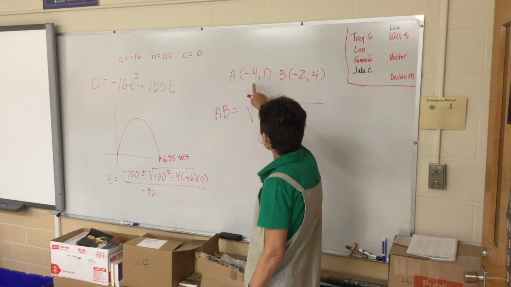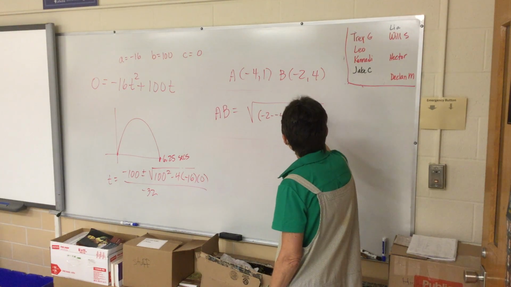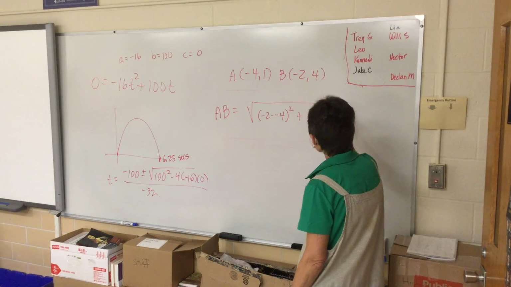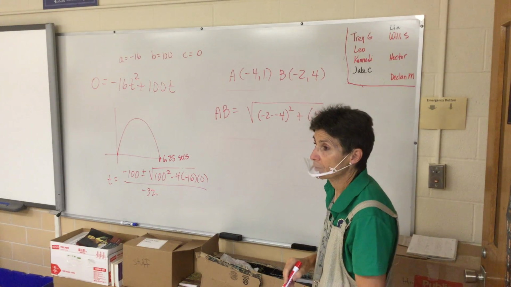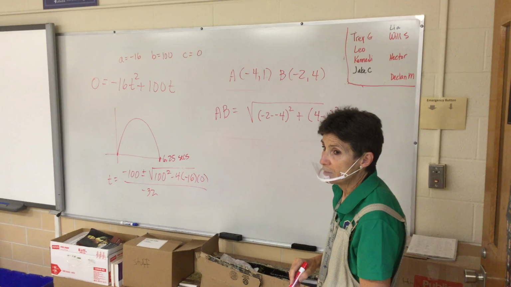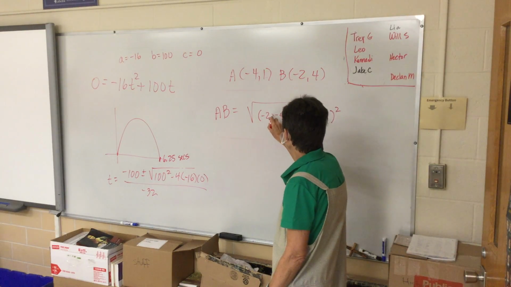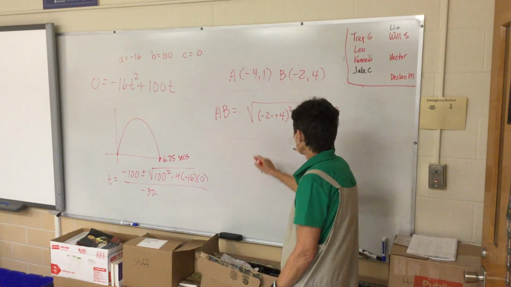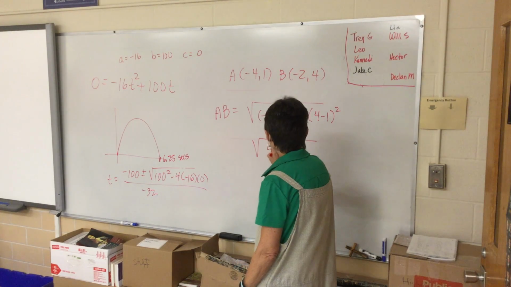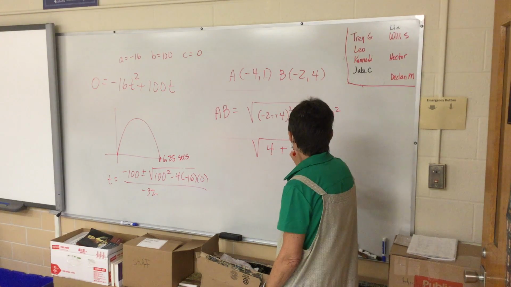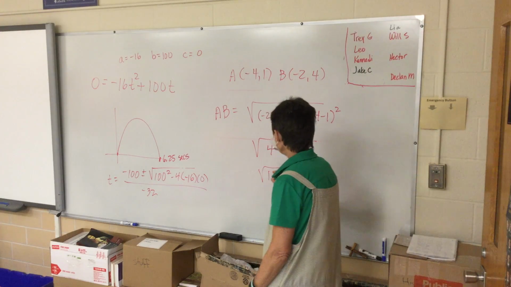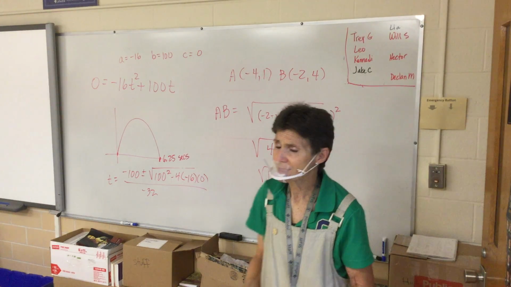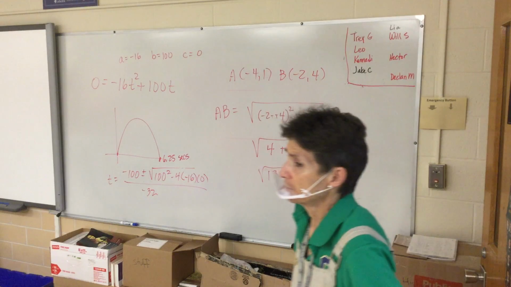So -2 minus -4 plus 4 minus 1 squared. So it looks like that's going to be 4 plus 9. Did you get root 13? Yep. And that one does not reduce.